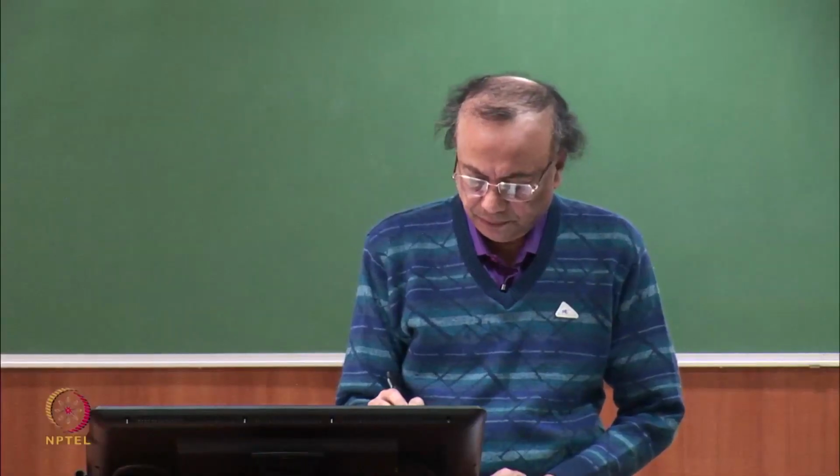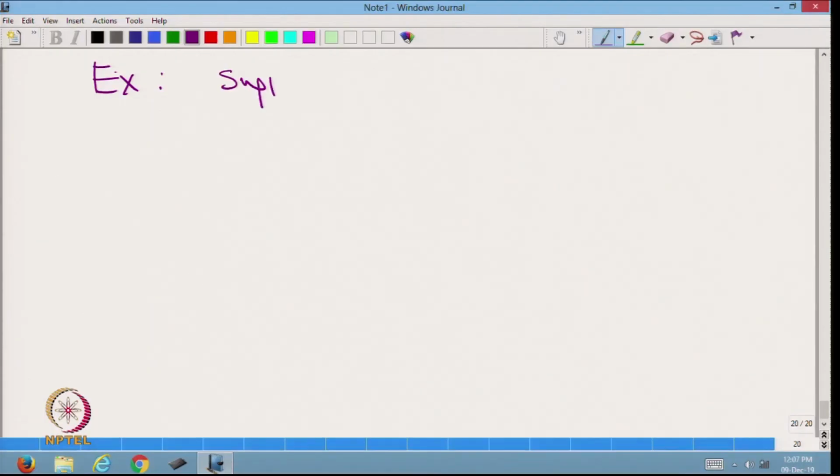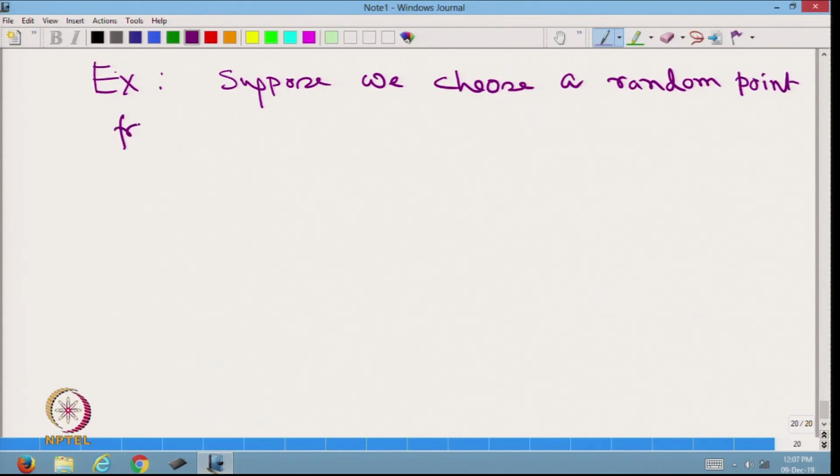Problem: suppose we choose a random point from the square 0 to 1 cross 0 to 1.